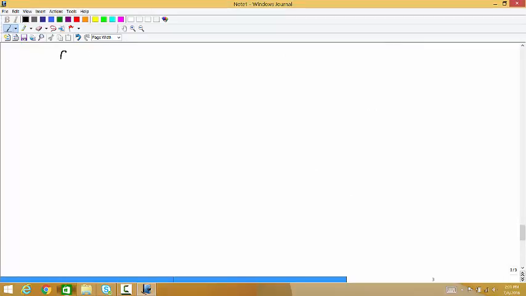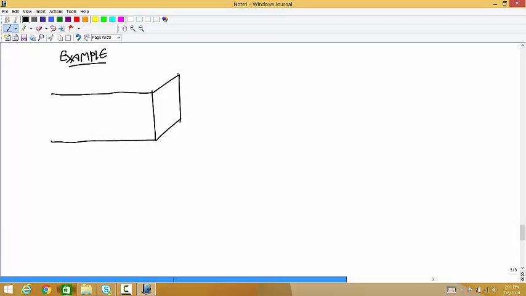So now we're going to do an example going in the other direction. So say that we have an object like this, a bar with a square cross-section. So that's 0.1 meters, and this is 0.1 meters.